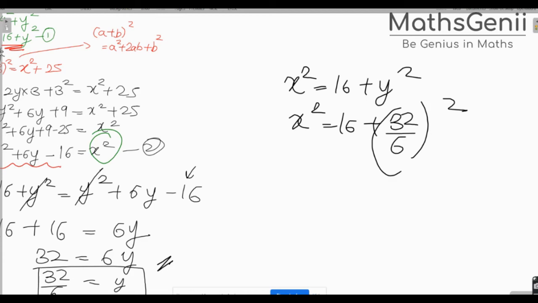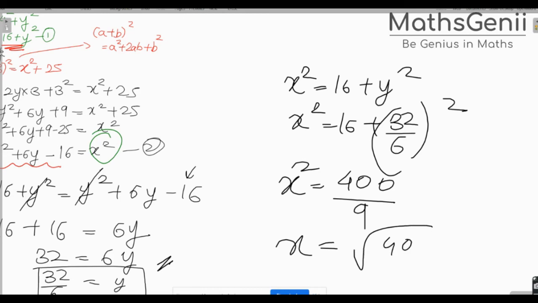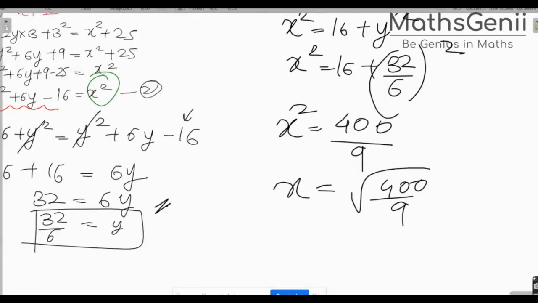Now when you solve this, you will get x square as 400 upon 9. So therefore x is root 400 upon 9. Square goes that side, becomes root. 400 root is 20 and root of 9 is 3.